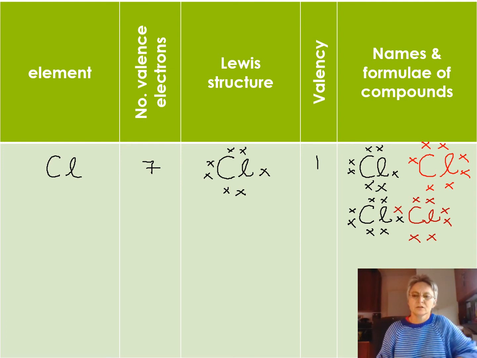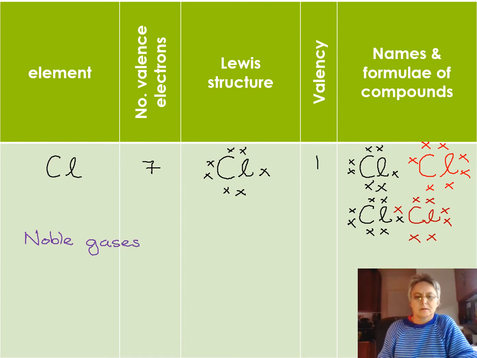Now I'd like to discuss why chlorine would want to share the electron, the same reason for fluorine wanting to share electrons. If you look at the noble gases, the first one is helium.